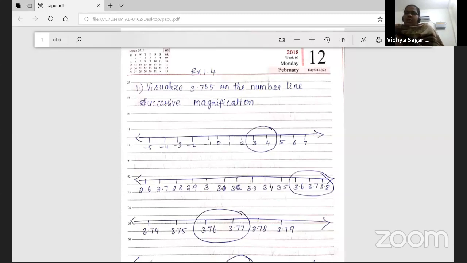So please do all your homework sums. After the school reopens, you must show all the notes. Those who have not started yet must start and complete your classwork and homework sums also. We will check all those things when the school reopens. So please keep on doing all your homework sums and maintain your classwork properly.